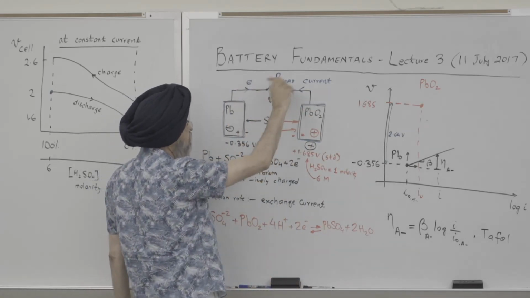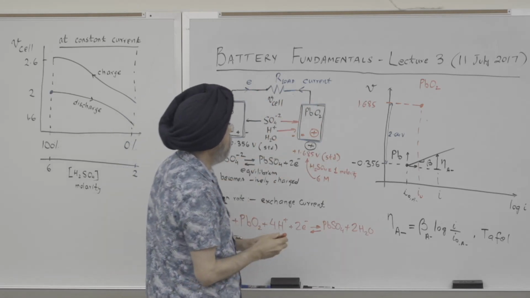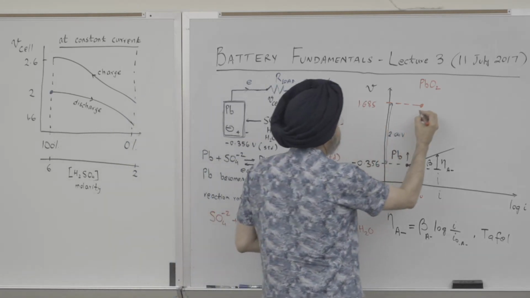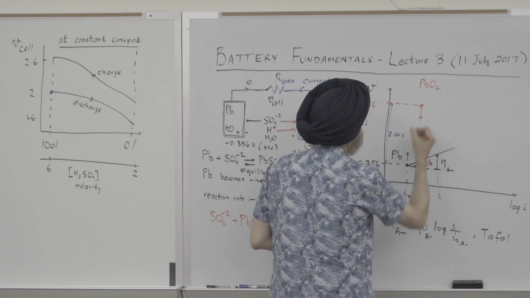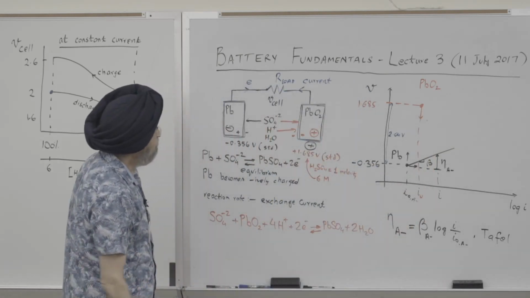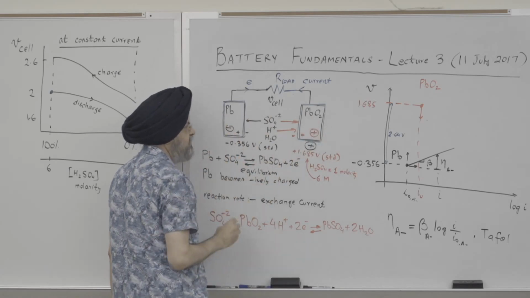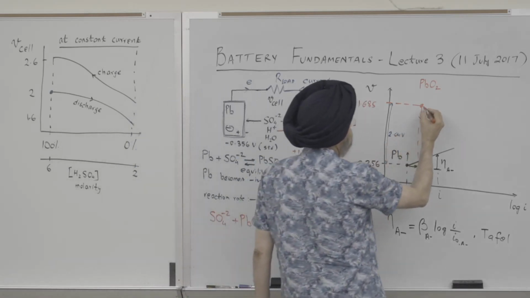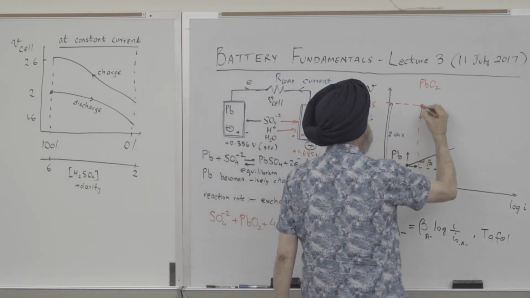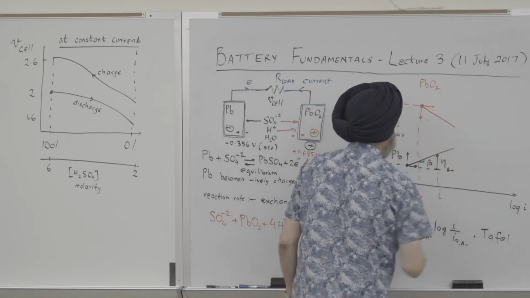We're removing current, pumping electrons. So the voltage will decrease, so this point will move down, and we are increasing current. So current is going in that direction. The net result is this curve goes like this.